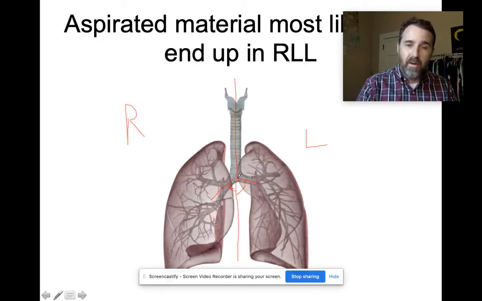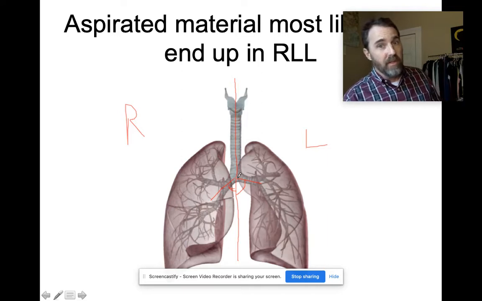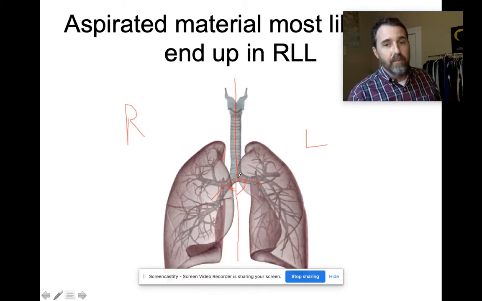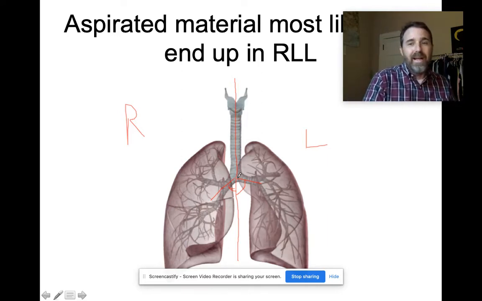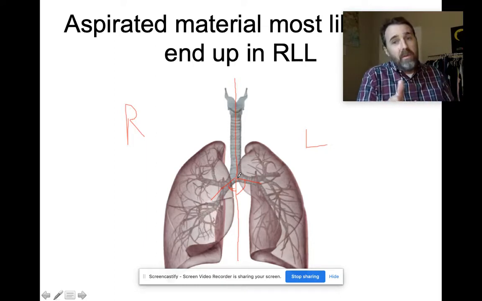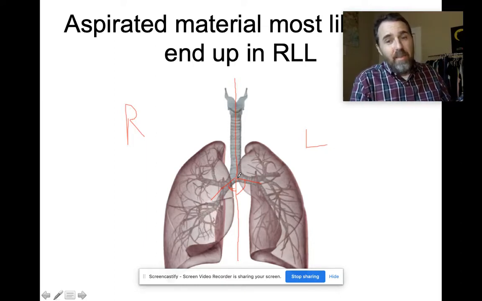It can either take a hard left into the left lung, or it can keep going more in the direction that it's already going and end up in the right lung.